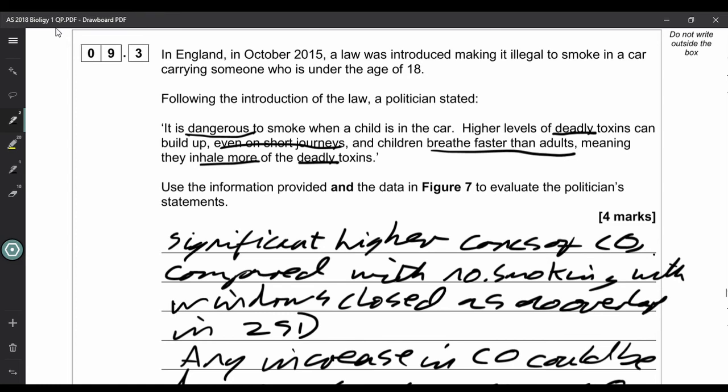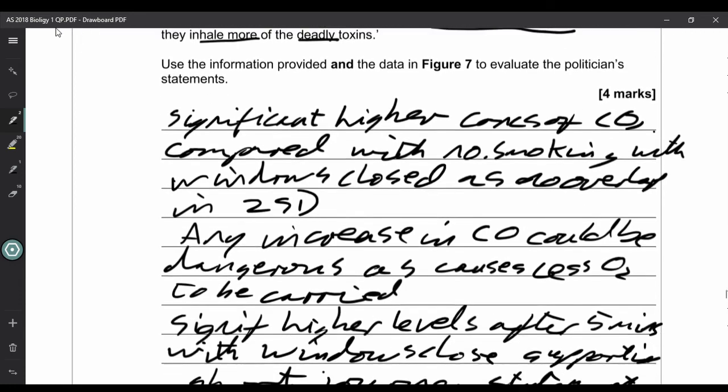So again, we're not given any evidence in this question about whether children do breathe faster. We know that children's lungs are smaller, but we haven't been given anything about breathing rates. So again, we could comment that this statement by the politician about children breathing faster, we can't actually verify that or not.